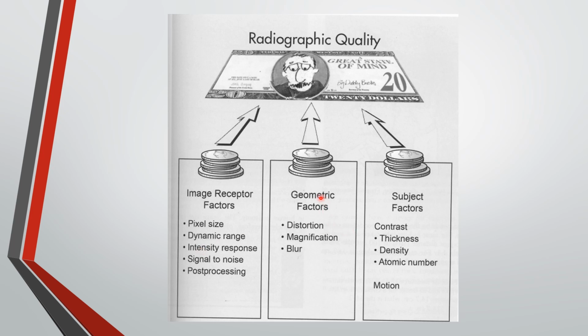We need the geometric factors, which we talked about in the last video, and also some now about distortion, okay? And then subject factors. So we talked about the contrast, if there's contrast media, what the parts are, the thickness, the density of the parts, atomic number of the parts, and motion available, which we'll discuss in the technique playlist, okay?